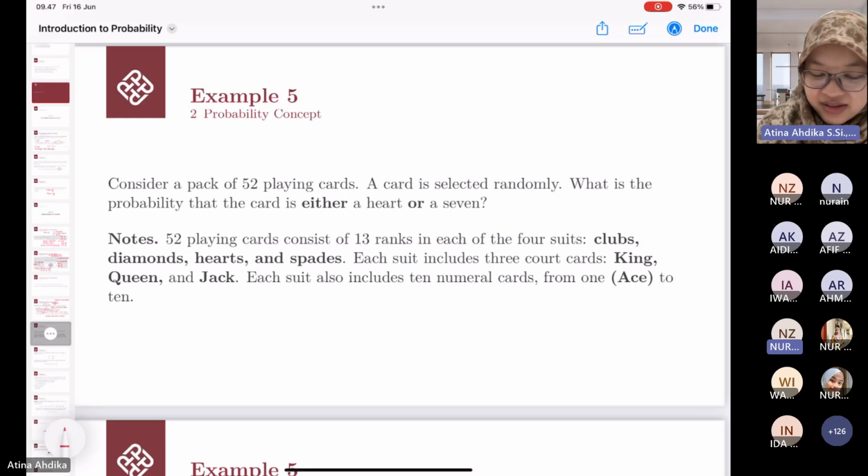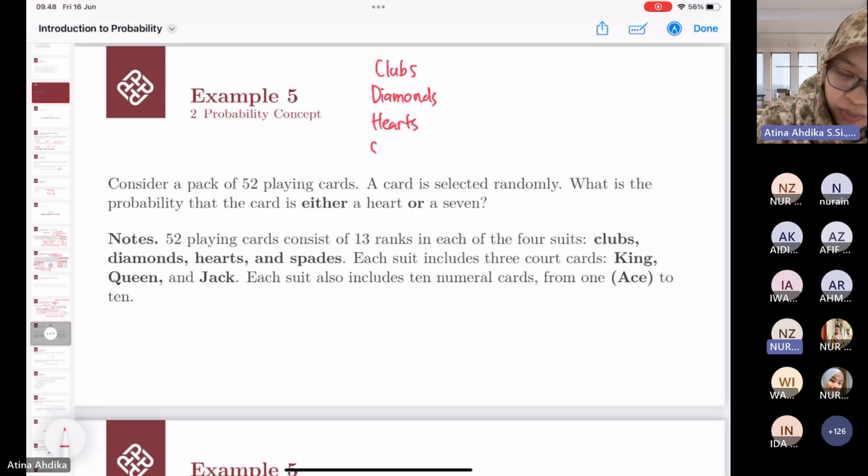The 52 playing cards consist of 13 ranks in each of 4 suits. So we have 4 suits: clubs, diamonds, hearts, and spades.